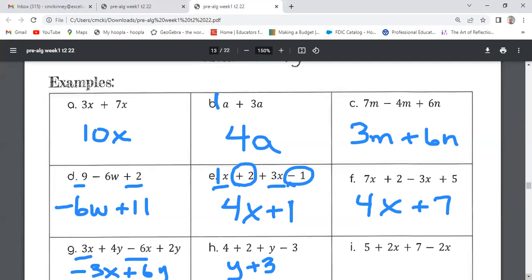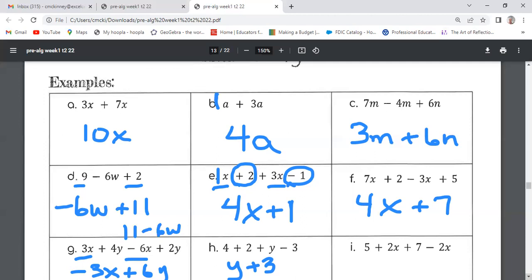Again, you could switch the order and it's still equivalent, as long as if there's a negative sign, you keep it with the term that it's with. So if I wanted to write D in a different way, that's equivalent, I could write 11 minus 6W, but notice the negative sign needs to be in front of the 6 because it belongs to the W.